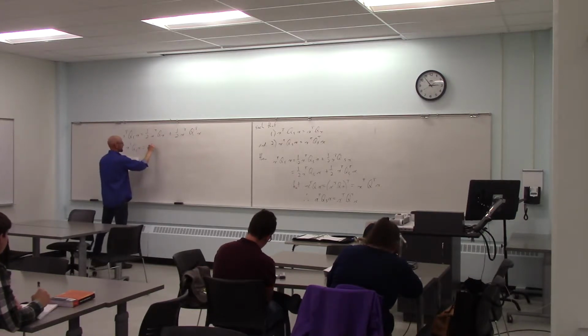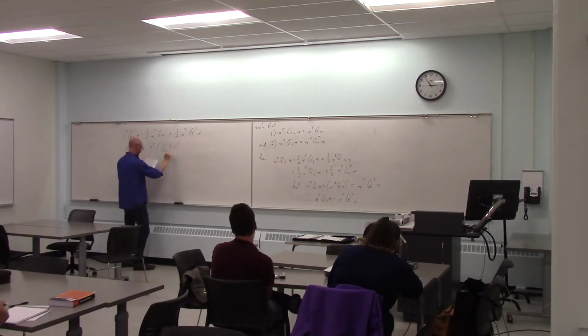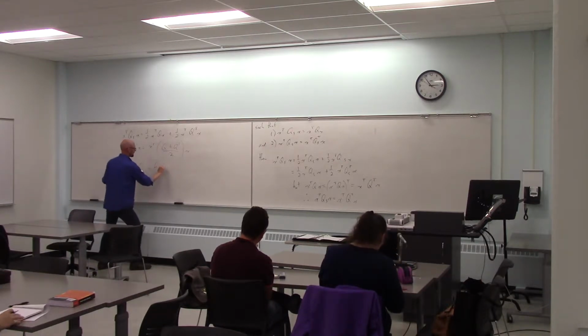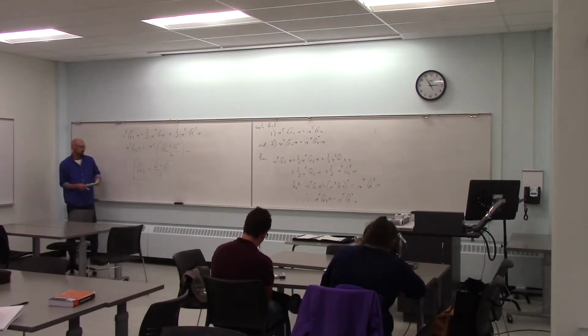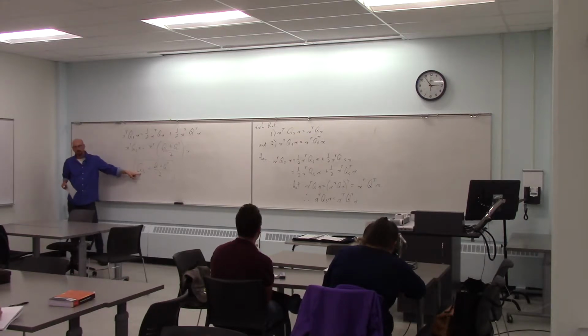So I get x transpose (Q plus Q transpose)/2 x. So I basically get a little formula here: Qs equals Q plus Q transpose over 2. So that's how I would translate a non-symmetric matrix Q into a symmetric matrix Qs.